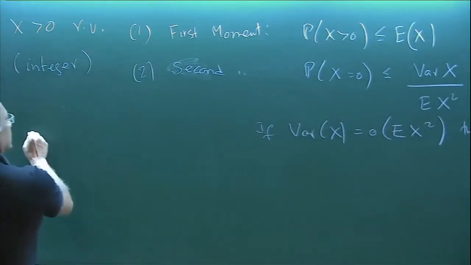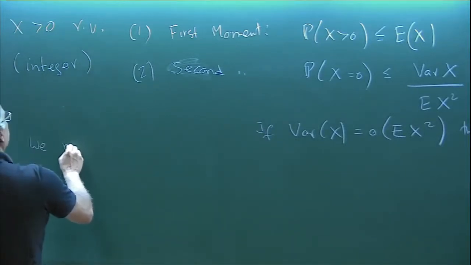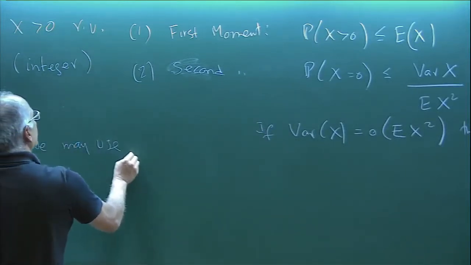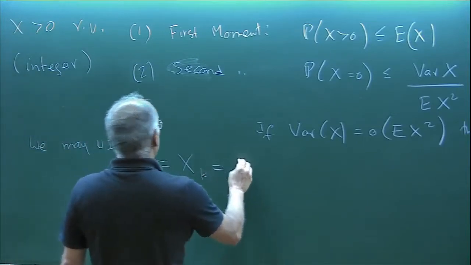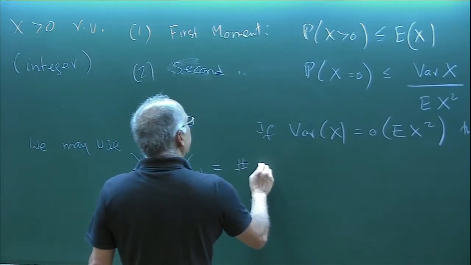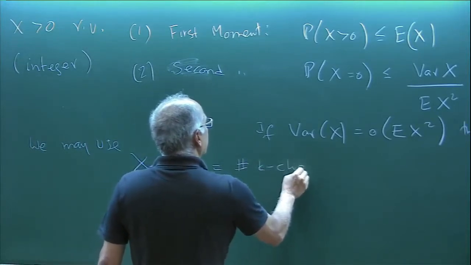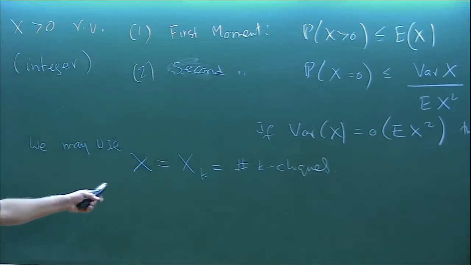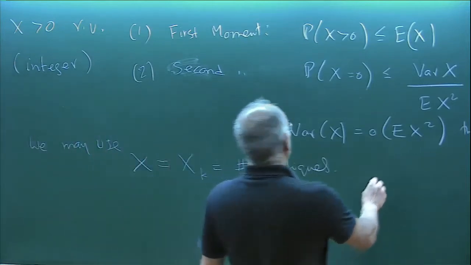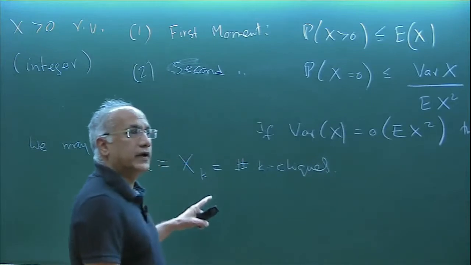So if you use X to be X sub k, which is the number of cliques of size k, this integer valued random variable, and compute. So you want to identify, question?